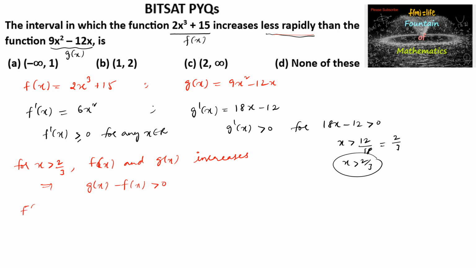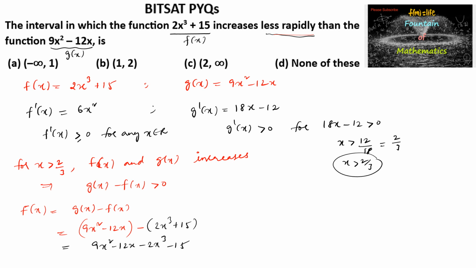So let us consider a new function h of x, equal to g of x minus f of x, that is 9x square minus 12x minus of 2x cube plus 15. So that is 9x square minus 12x minus 2x power 3 minus 15.